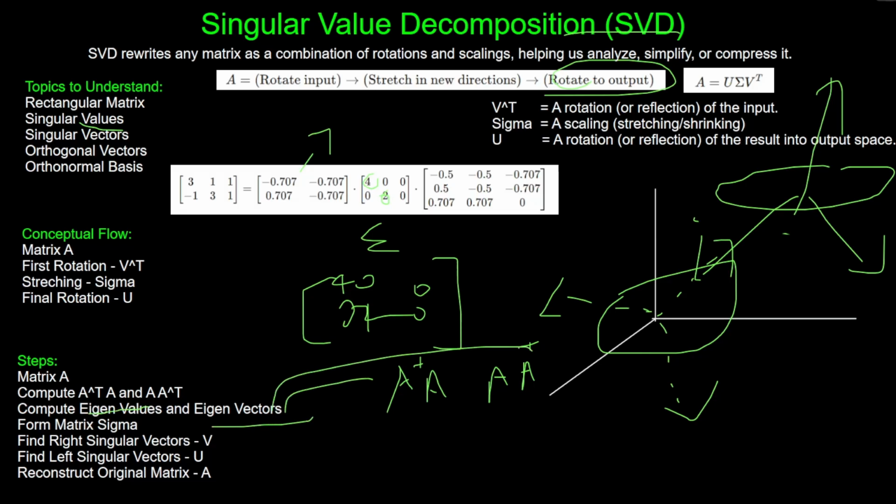Eigenvectors are for each matrix, and eigenvalues you can find for one, and after that we find the sigma matrix, which is just the diagonal values where the eigenvalues' square root is present, which is nothing but the singular values. After that we will form the right singular vectors, the matrix V, and we'll take its transpose, and after that we'll find the left singular vectors and find the matrix U, and by using all of this we can reconstruct the original matrix A.